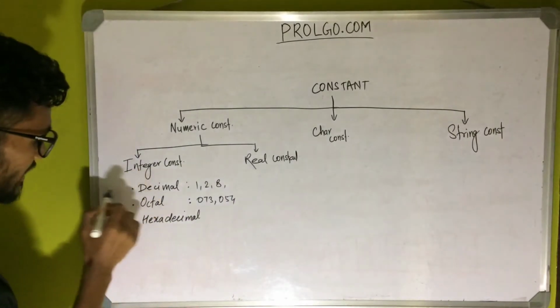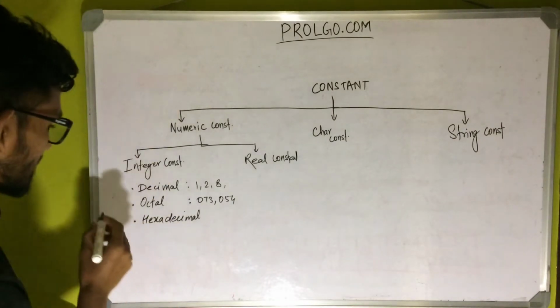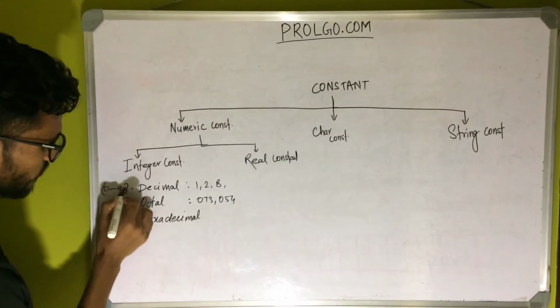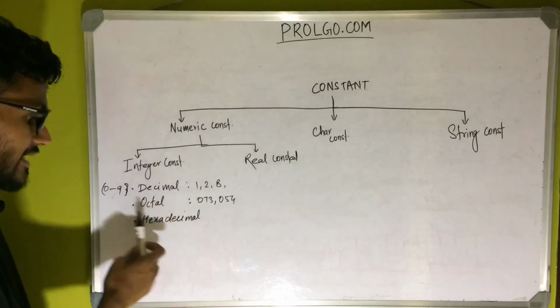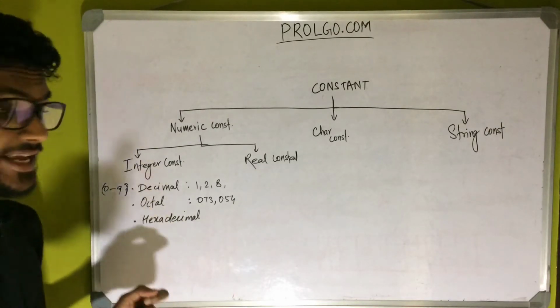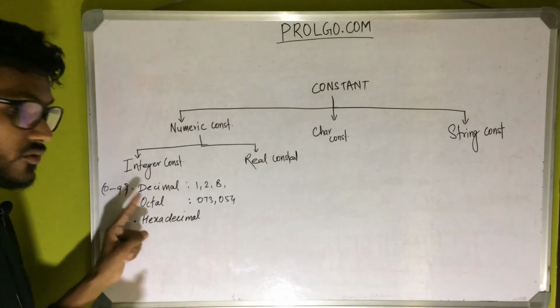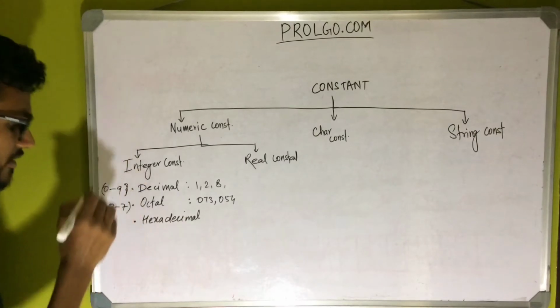The range of decimal, the number which we are normally using, contains 0 to 9. In octal the total number of digits is 8, and in decimal the total number of digits is 10, including 0 to 9. In octal it contains 0 to 7 only.